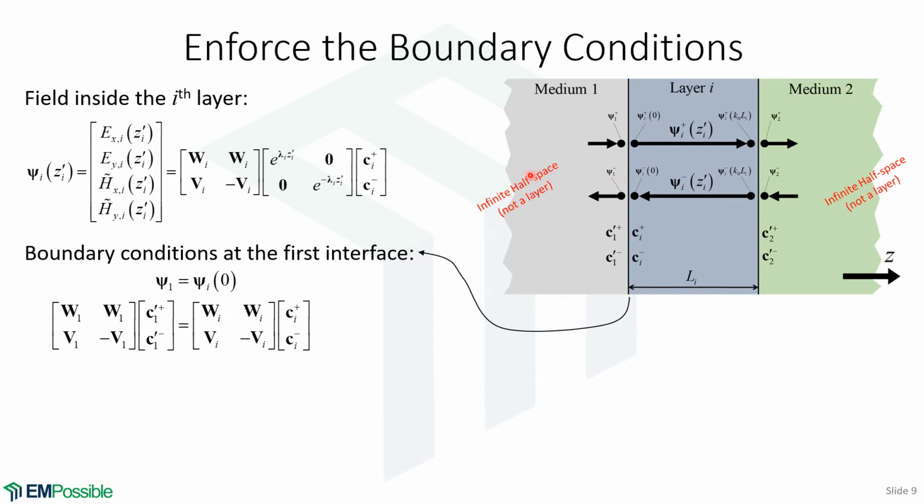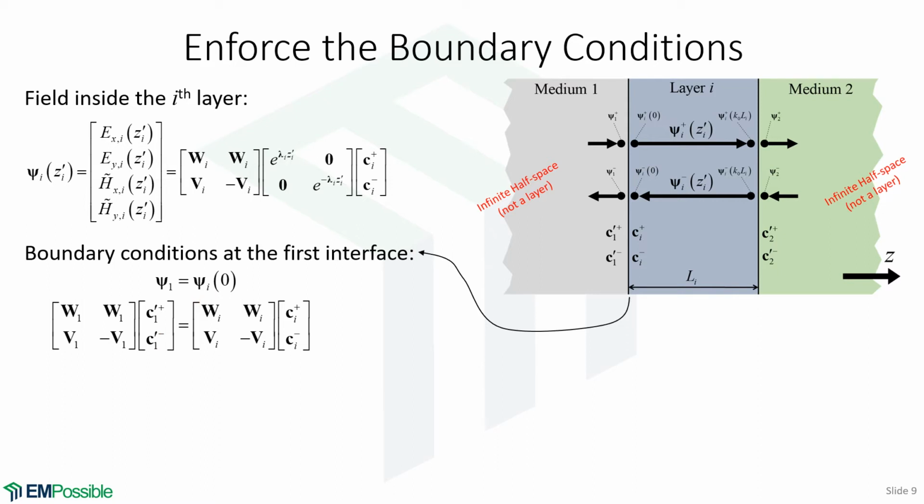So there really is no z dependence. So in a way, we can think of the local z coordinate in medium 1 as being 0 right at the interface and going negative as we work left if we needed them, but we don't. So with z equals 0 right at the interface, the exponential matrix becomes the identity matrix, and it really just drops. So we just have our eigenvector matrices of that medium 1 and the mode coefficients for medium 1.